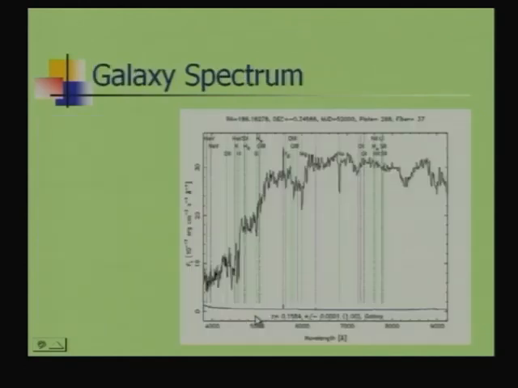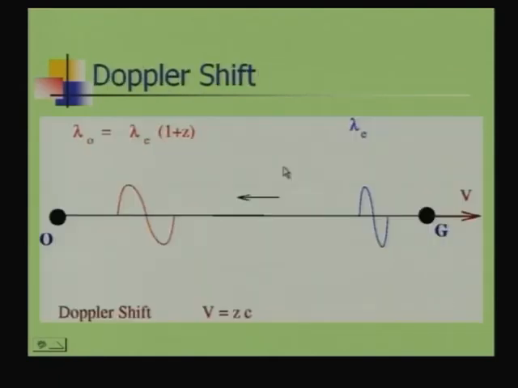So, if you can measure the spectrum from a galaxy and you can determine the shift in the wavelength, this information can be used to determine observationally the velocity at which the galaxy is moving either away or towards us.